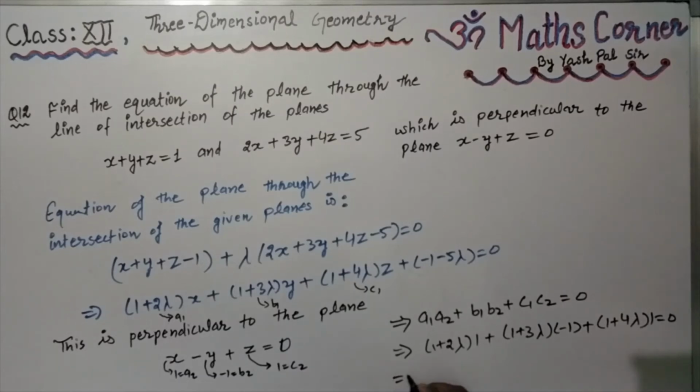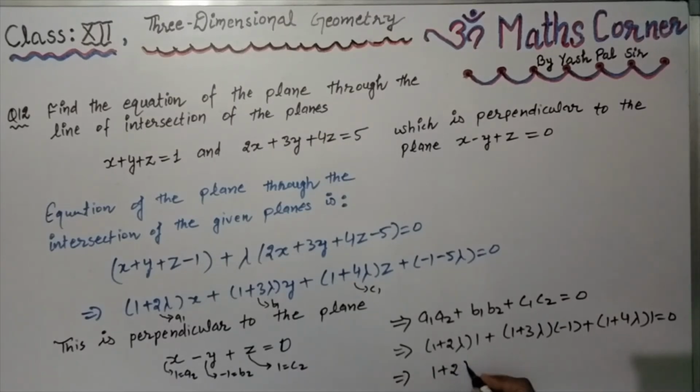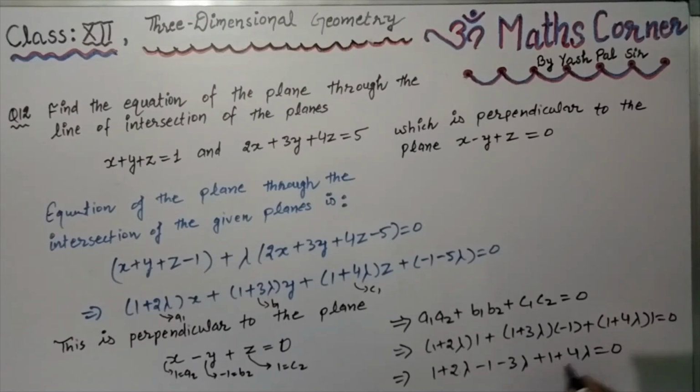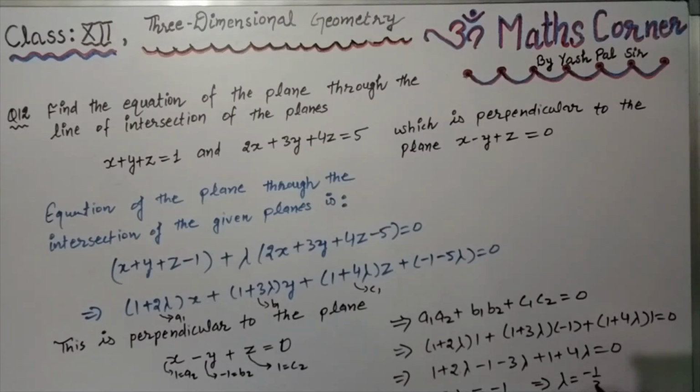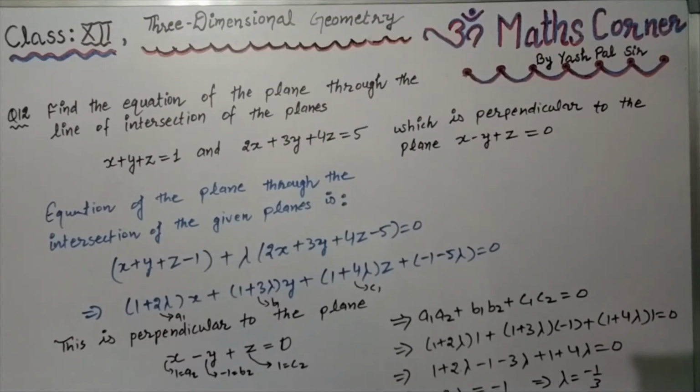Now we solve this, which implies 1 plus 2 lambda minus 1 minus 3 lambda plus 1 plus 4 lambda is equal to 0. This implies 4 minus 3 minus 1 plus 4, 3 lambda, 1 cancel, this is plus 1, that is minus 1. This gives us lambda is equal to minus 1 upon 3.